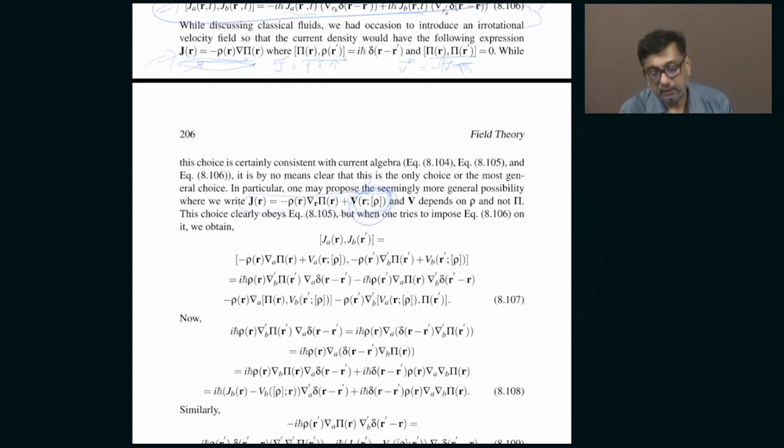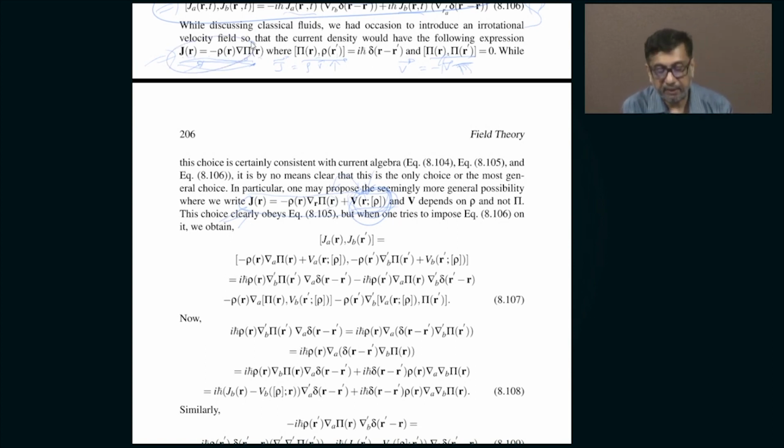Now, I am going to show you that this v can actually be absorbed into this formula itself. That means without loss of generality I can set v to be 0. So, this is only deceptively more general. In fact, I am going to show you in the next couple of equations that my original guess is in fact the most general one.